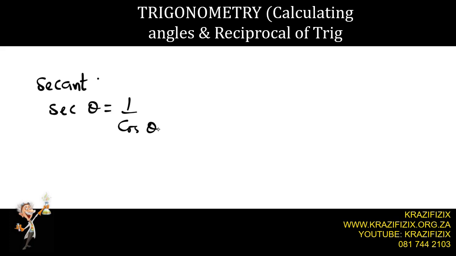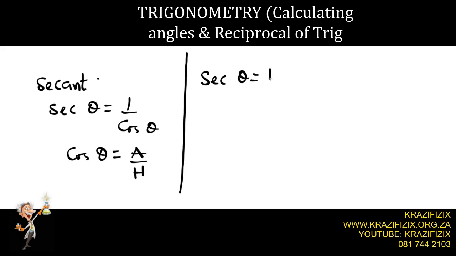By the way, what is cos theta? Remember, cos theta is adjacent over hypotenuse. What does that tell you? It tells you that sec theta therefore is hypotenuse over adjacent, the reciprocal.